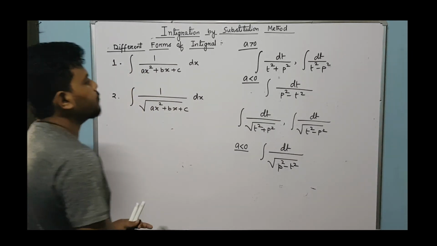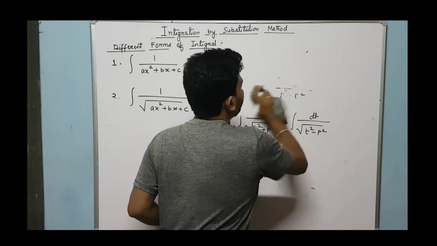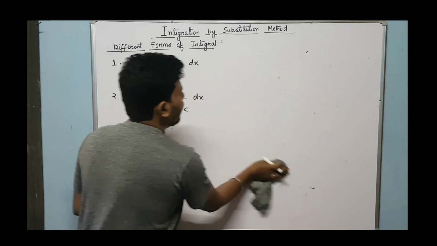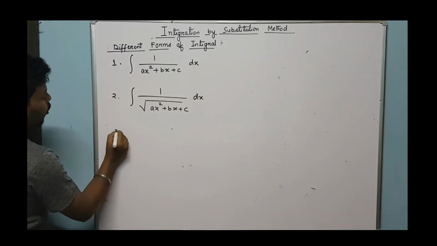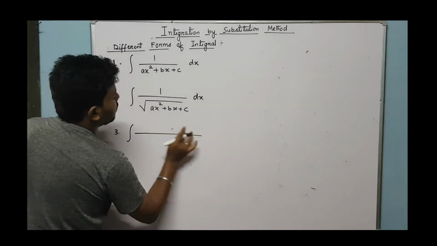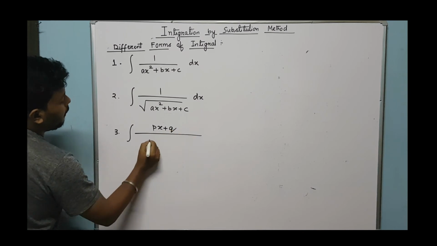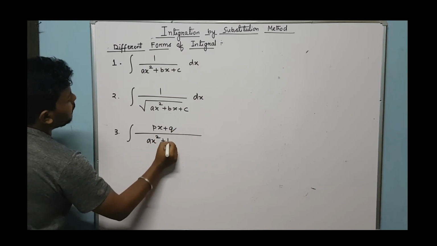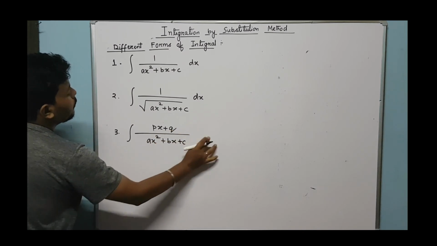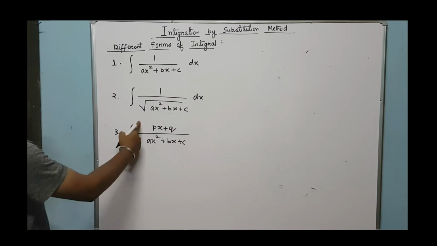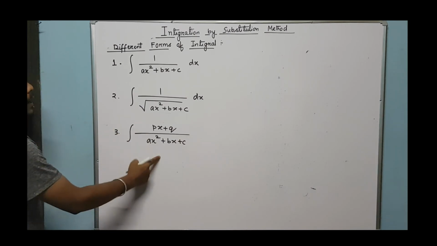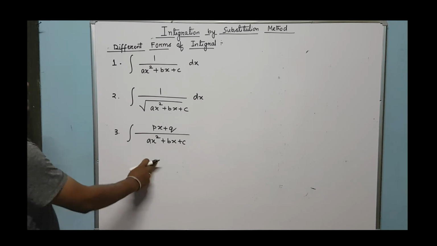From number 2, your third form is px plus q by ax square plus bx plus c. Linear by quadratic.